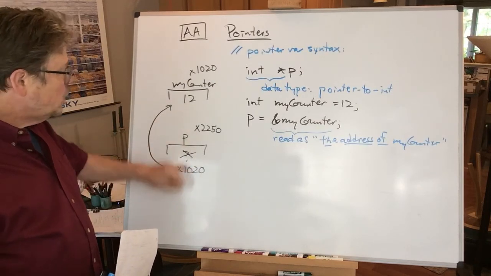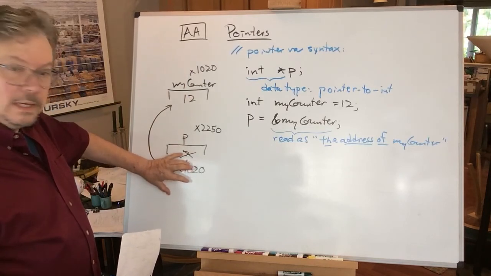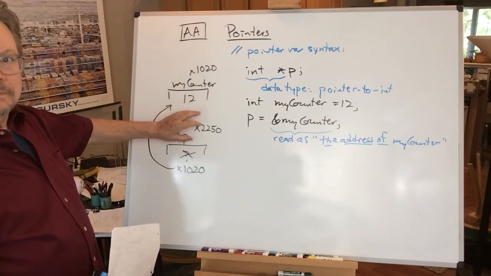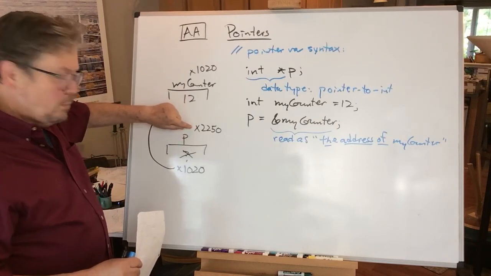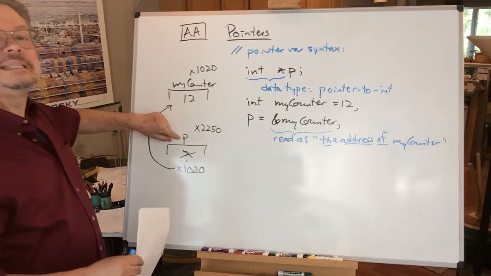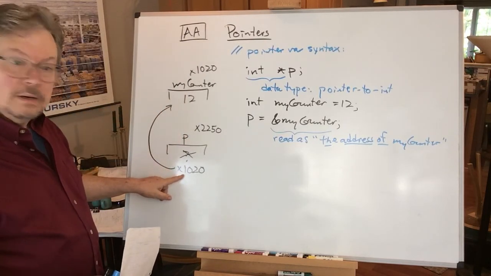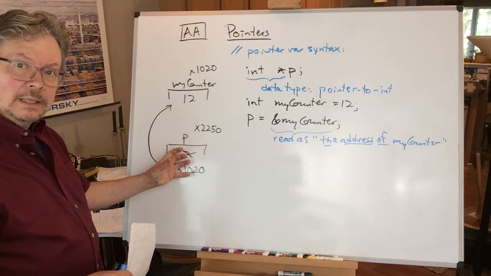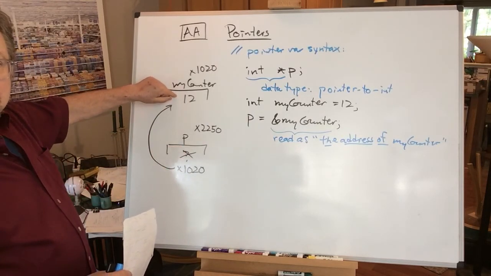Variable P points at memory location 1020. That's the value of variable P. I know it's a little bit confusing, and I apologize. This hexadecimal number up here represents where variable P itself lives in memory. This hexadecimal value down here, that's the value of P, but it's the address of where somebody else lives in memory. That's the connection.